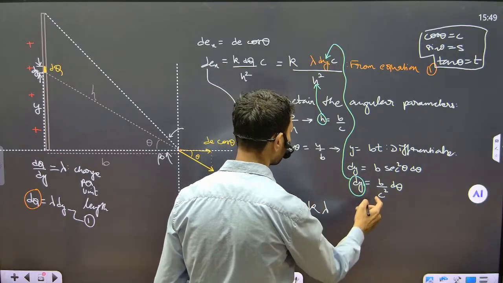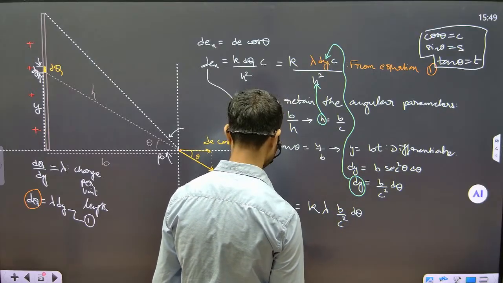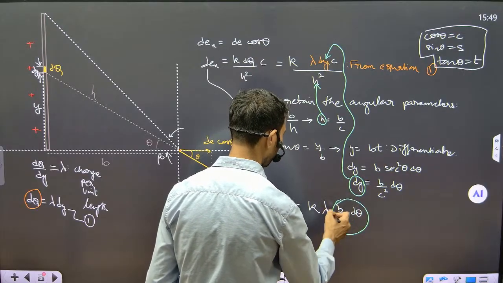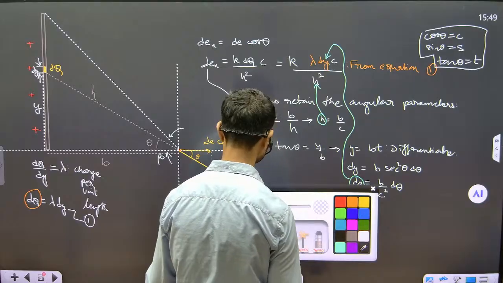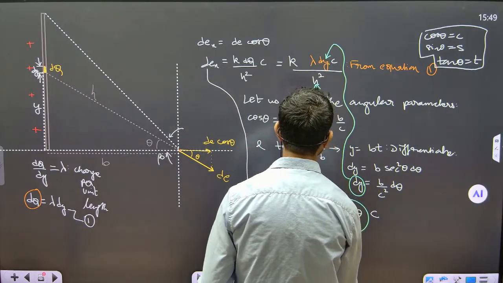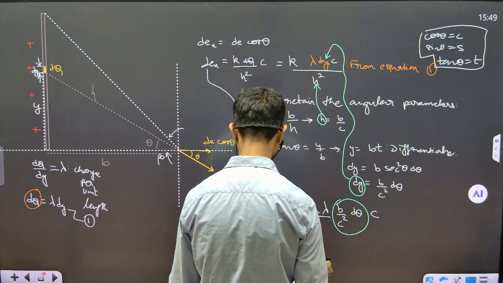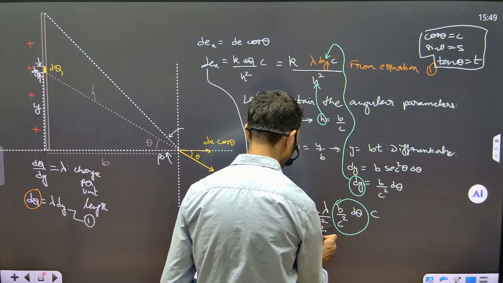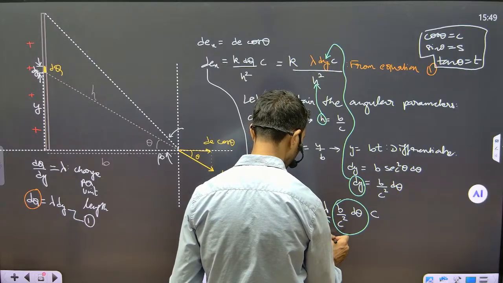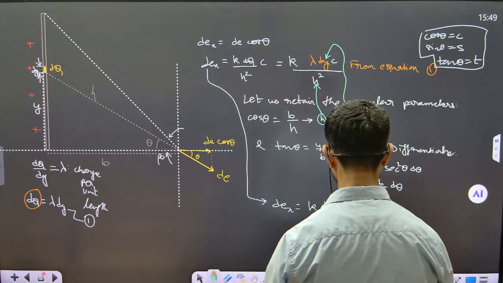But what is dy? dy is b by c square into d theta, right? Into cos theta divided by h square, and h is how much? b by c. So b square by c square. Okay, so that's all the calculations we get, right?